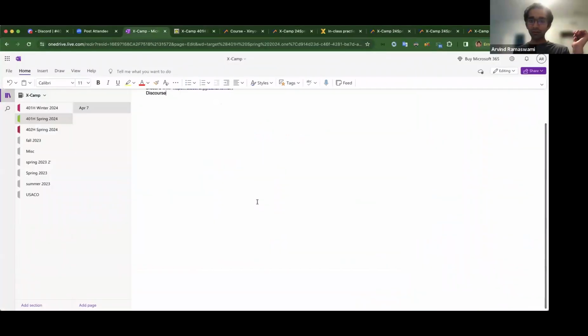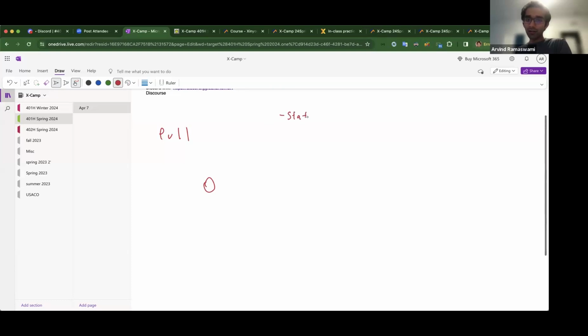So the idea of pull DP is you have a state. Remember, DP usually has some kind of states, and then it has some kind of transitions. In this problem, the transition was dp[i] = dp[i-1] + dp[i-2].